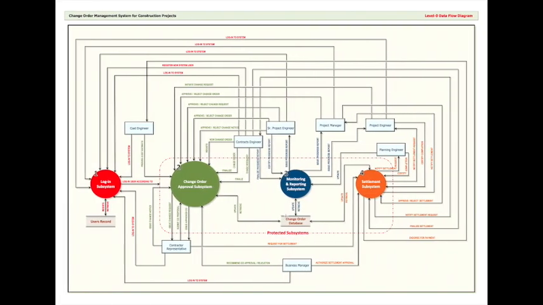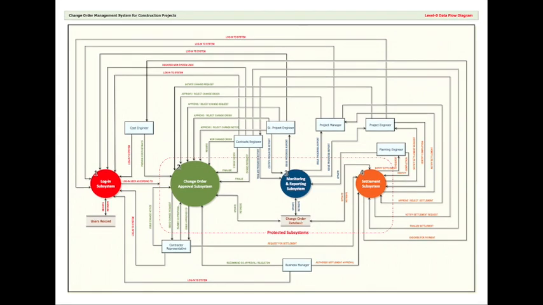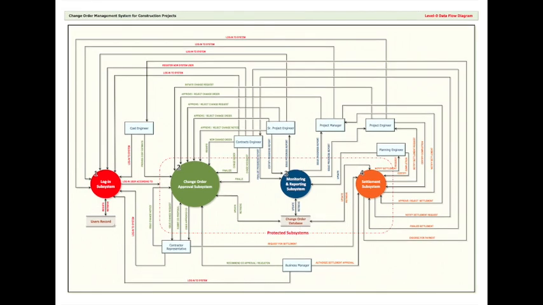This is the level zero diagram. You see, we need two databases, users record and change order database. But of course, we are not going to do this.